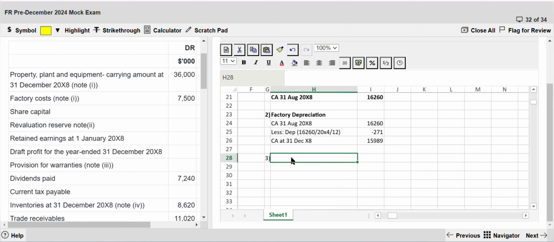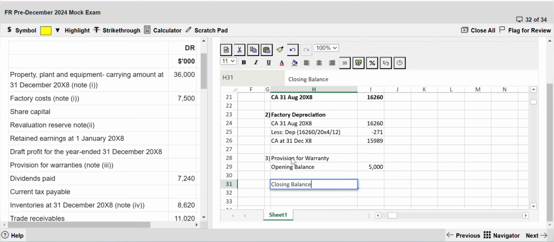Working 3, provision for warranty. The opening balance as per trial balance was 5,000. How do we calculate the closing balance? It is very simple.